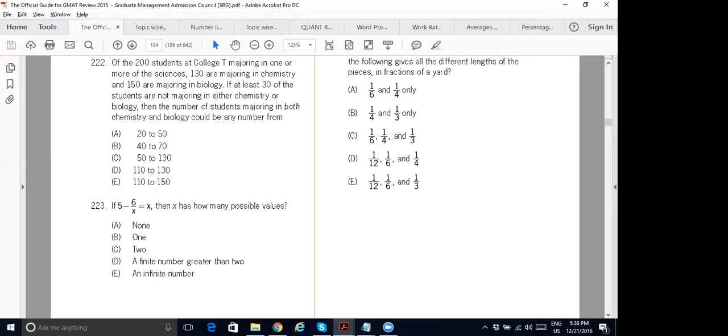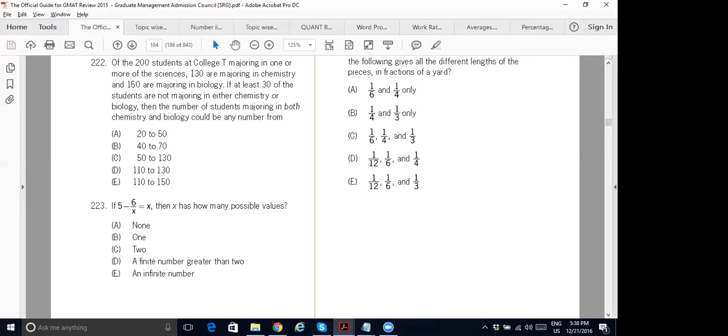I just did quadratic formula. I did minus b plus minus root over b square minus 4ac. Okay. But the point is to solve it in really less time.